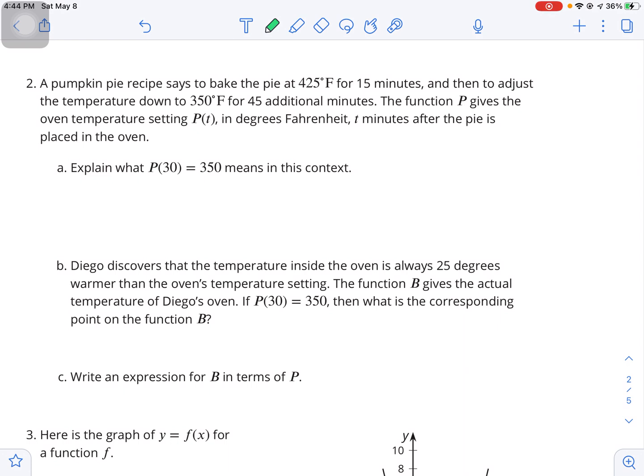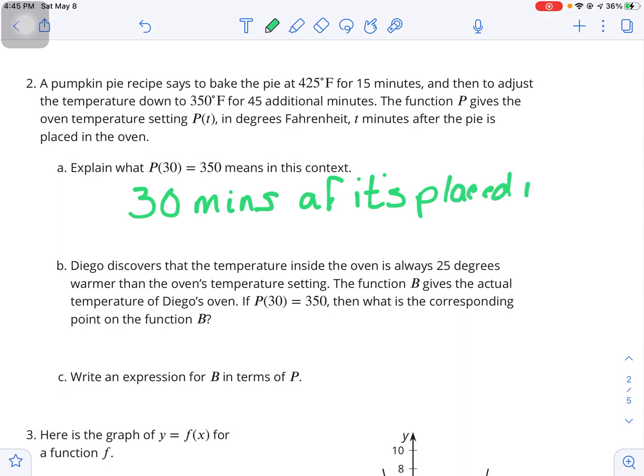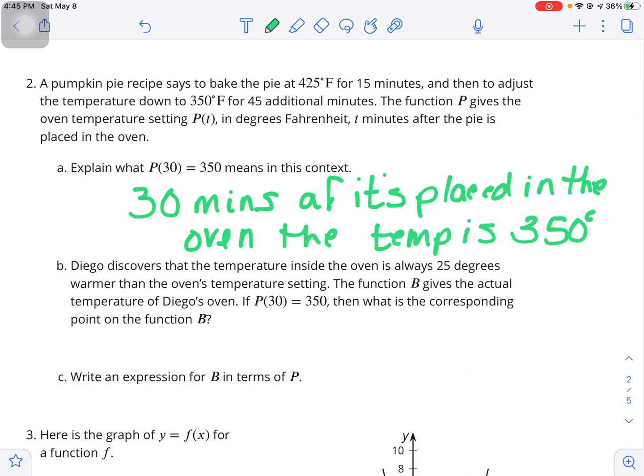So we're talking about minutes, so 30 minutes after it's placed in the oven, the temp is 350 degrees.